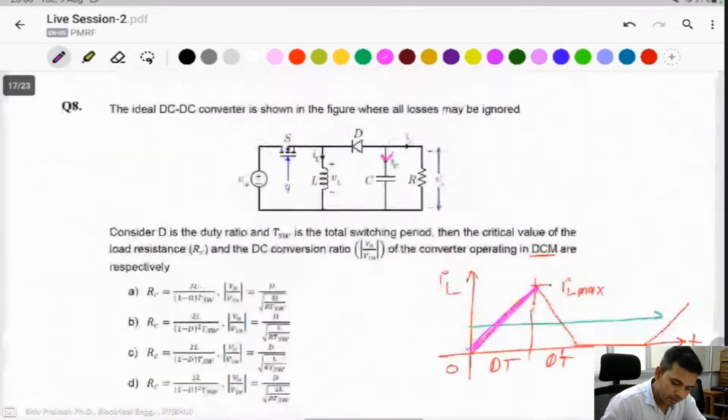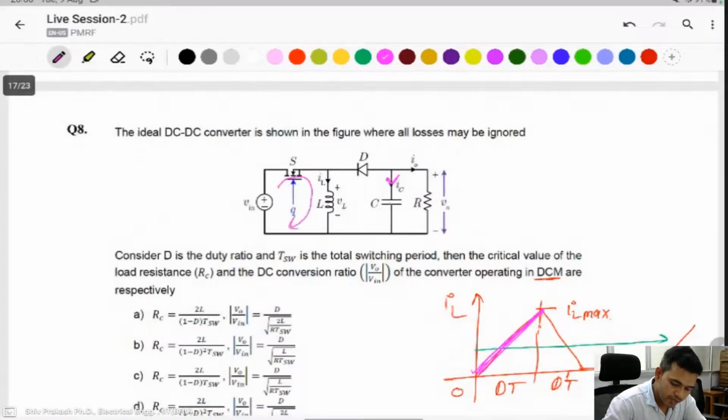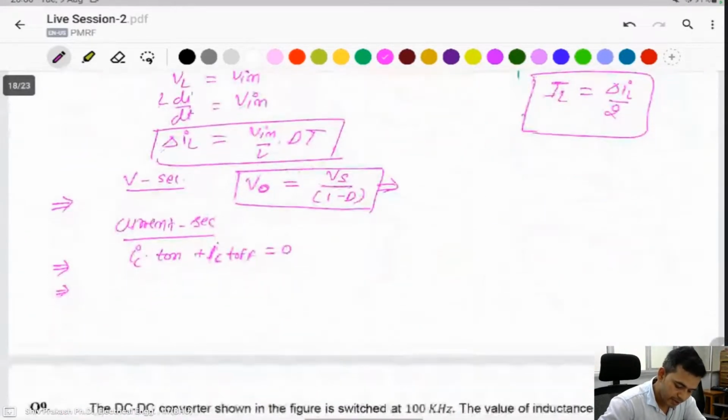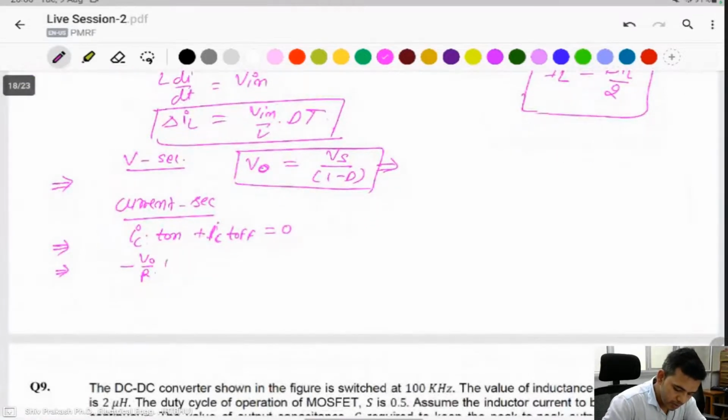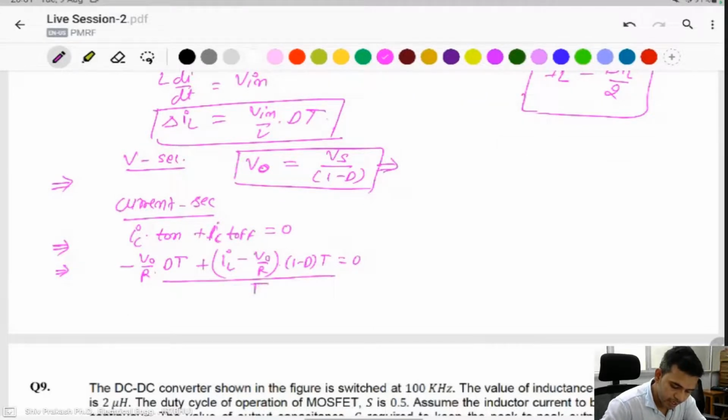When the switch is on, then this current flows like that, and IC flows like minus I naught, V naught by R, minus V naught by R, into T on, means D T, plus IC at T off condition, IL minus V naught by R, into 1 minus D, equal to 0. So it is divided by T total as the average current.